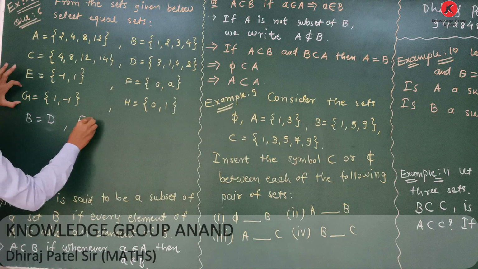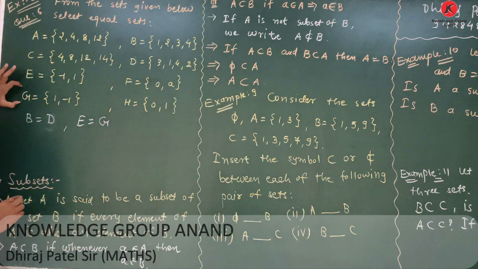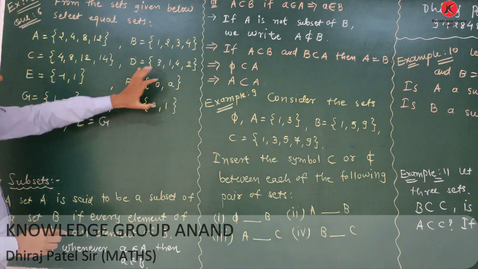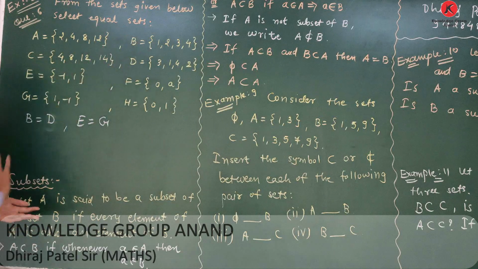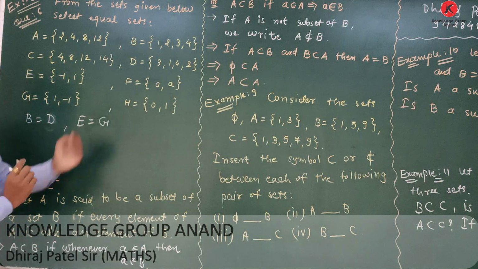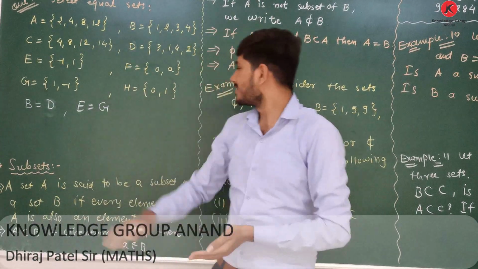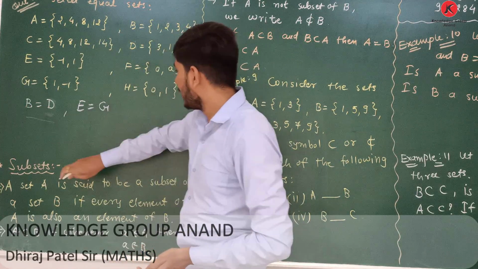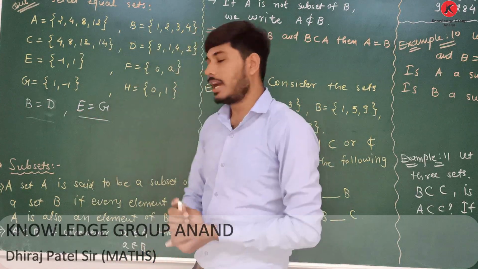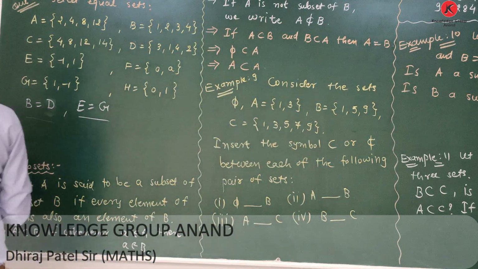Therefore, we can say that E equals G. Okay. Now F is not equal to any of the sets. G is equal to E and H is not equal to any of the sets. So this is the answer. Here B and D are equal, E and G are equal sets.